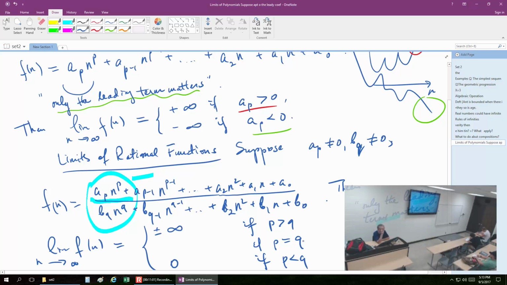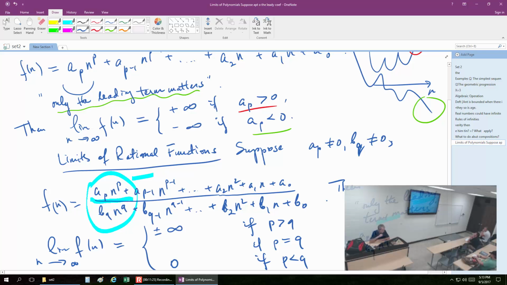And then what do we do? Well, you can imagine once again that all of the rest of the terms in the numerator and denominator have gone. In fact, that's probably the easiest way to think about the whole thing. It is as if the rest of the terms just disappeared, and whatever I have circled over there is the only thing that's left. So a_p and b_q.